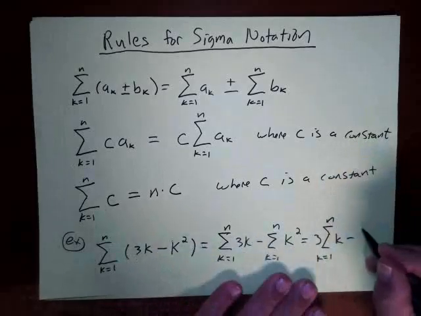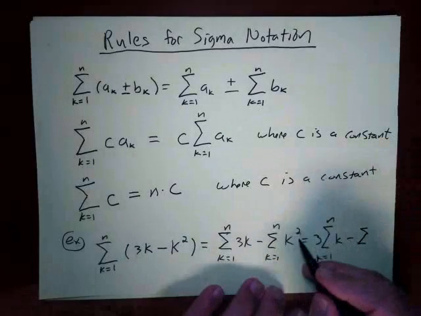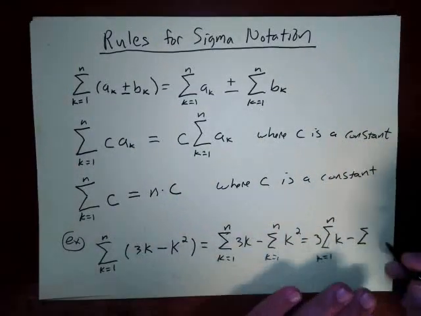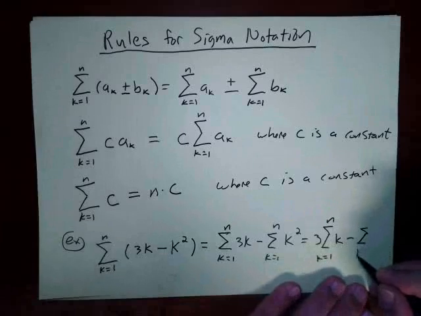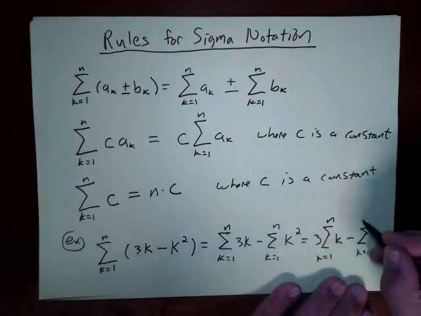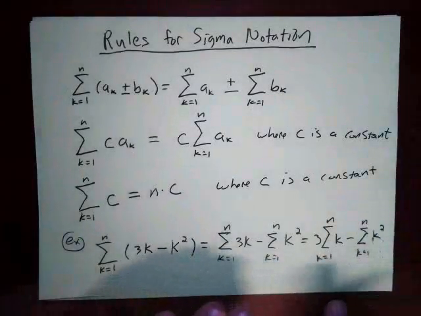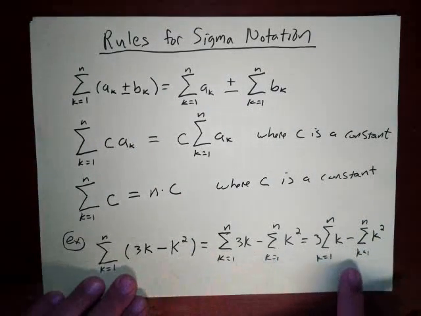Then minus, and there's nothing I can do here. I can't break it up over a product or take an exponent out or any crazy thing like that. So this is just the sum of k equals 1 to n of k squared.